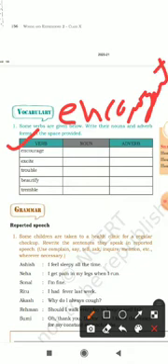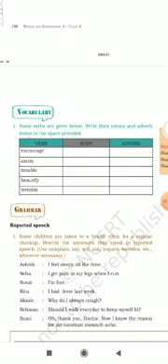Then the adverb will be encouraging. Excite. Noun will be excitement. Adverb excitable. So 2 I have done for you, and the remaining 3 you will do yourself.